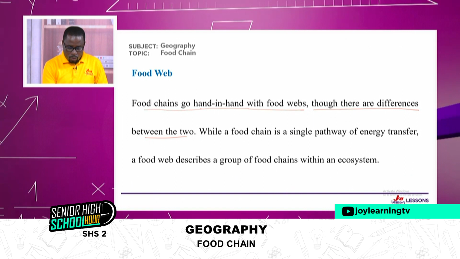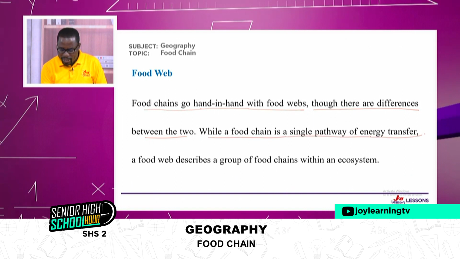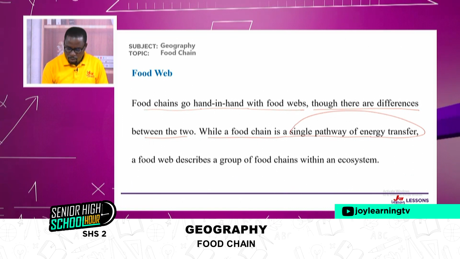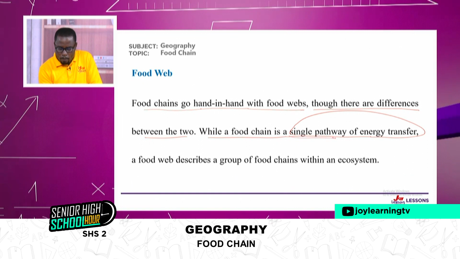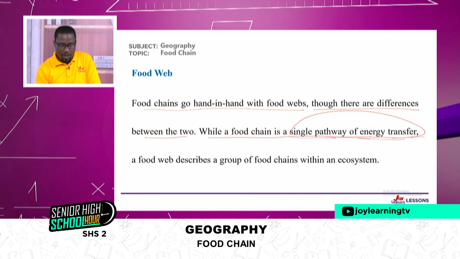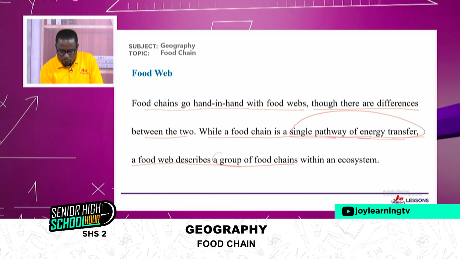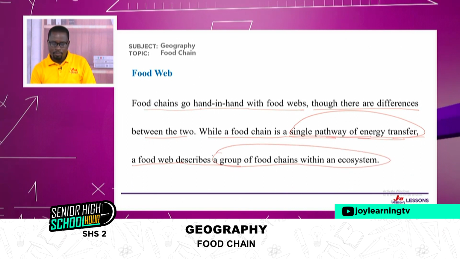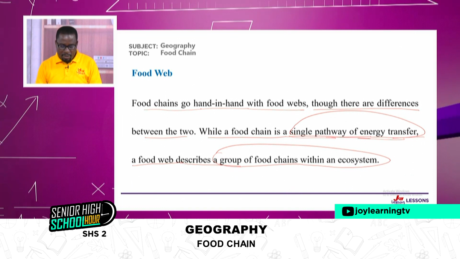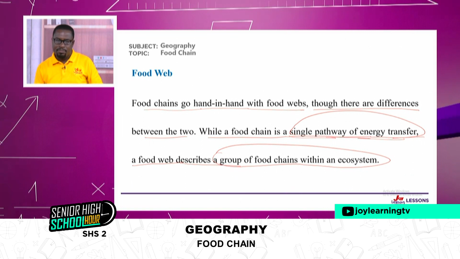While a food chain is a single pathway of energy transfer, a food web describes a group of food chains within an ecosystem.